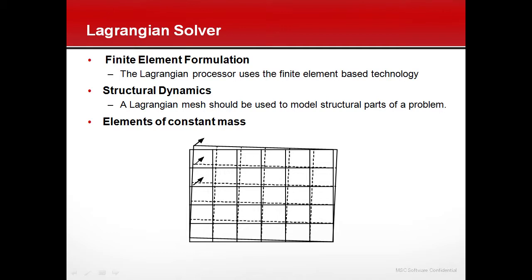Each of these elements will maintain that mass, and you'll see in the next slide we're talking about this conservation of mass. The explicit technology with the Lagrangian solver is very similar to the implicit in that it has nodes and elements, and the elements are surrounded by those corner nodes, and those nodes have forces that are dictated by the strength or stiffness of the elements.